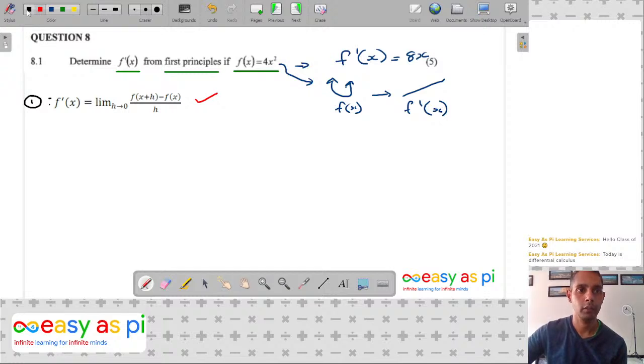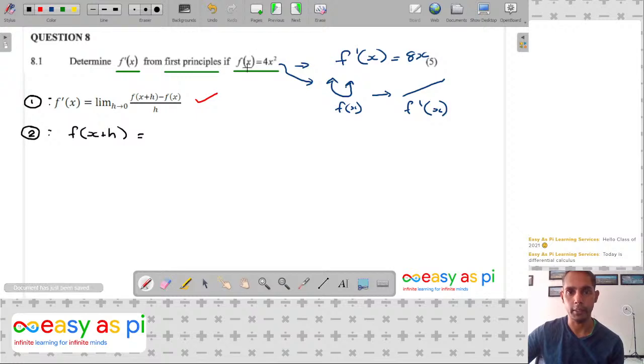Okay, and then we go to step 2. Now, how I like to break it down is I say, okay, step 2, work out f at x plus h. So you'll say, okay, in this case, f of x plus h is equal to, right? Now, f at x plus h means where I see x in brackets, I'm going to replace with x plus h.